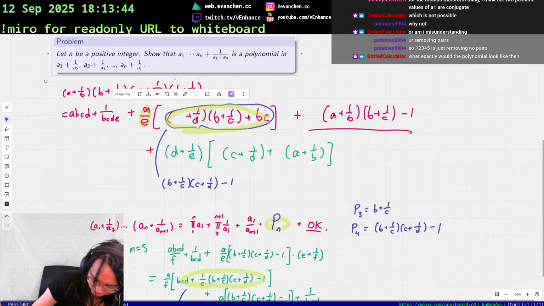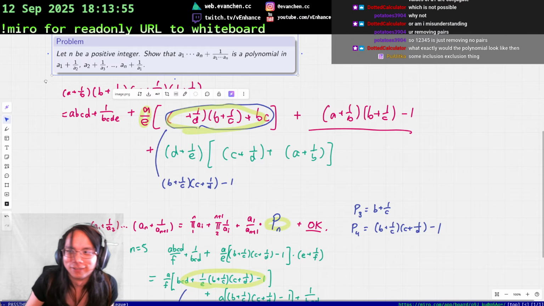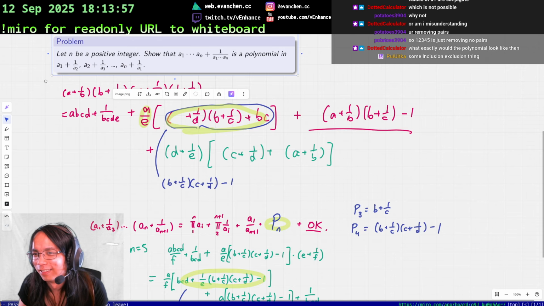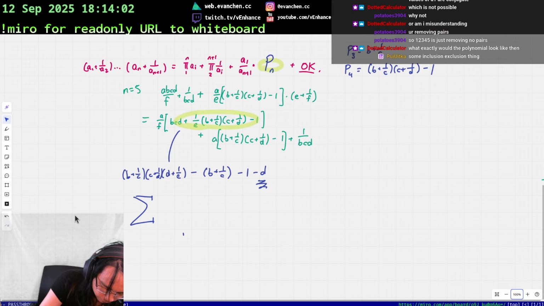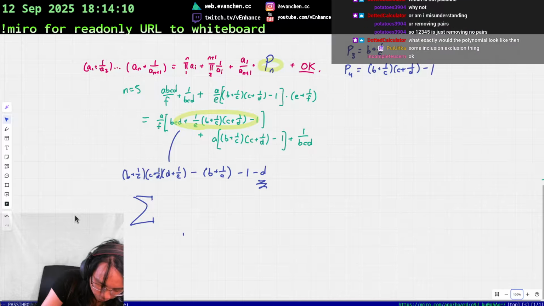Okay, I'm gonna try to write down something, and whatever I write down will be wrong, but maybe we can fix it. The claim is that when you do the sum over... Oh, this is so stupid. I don't even know what to call it, like deletions of like the product.